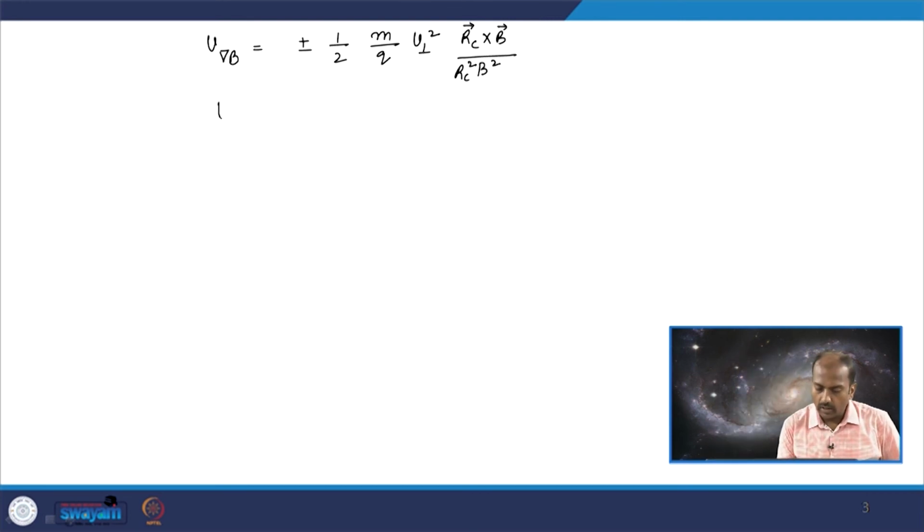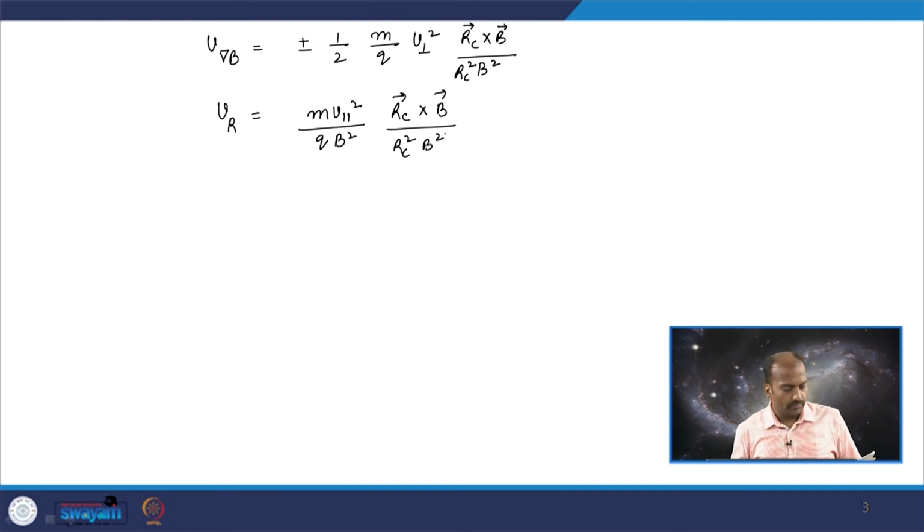So, we know that this is the gradient term, and the curvature term is already written as a curl of RC and B: M V parallel square by Q B square into RC, again curl of RC times B, divided by RC square B square.